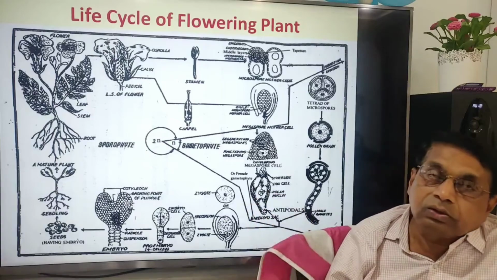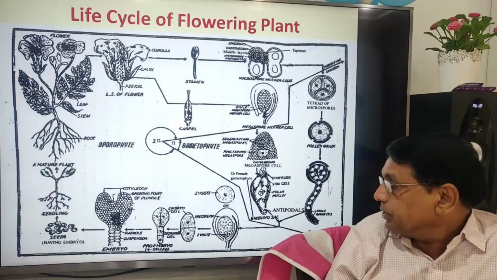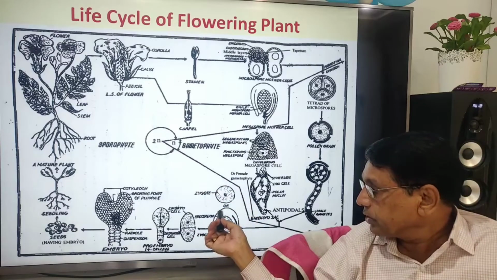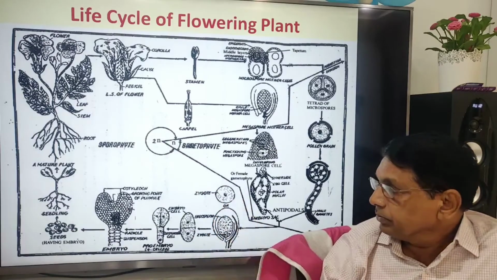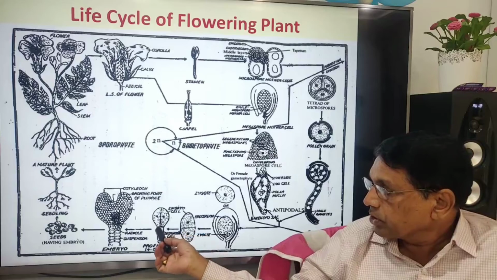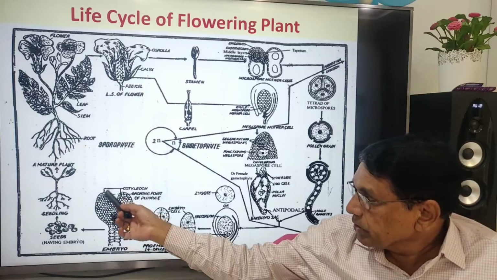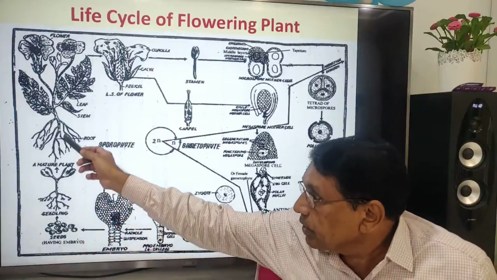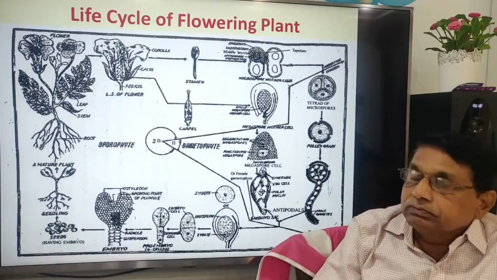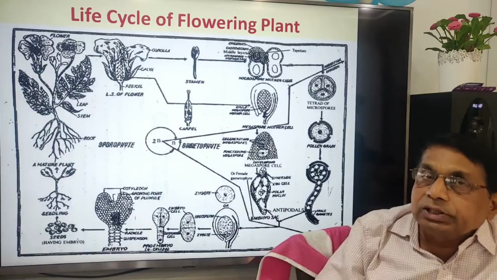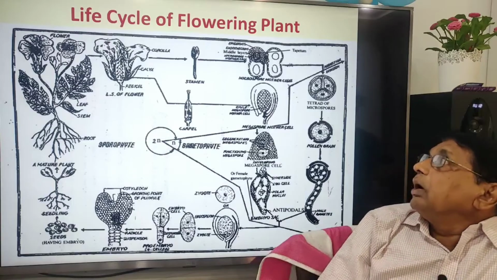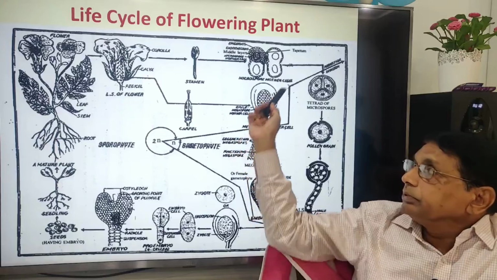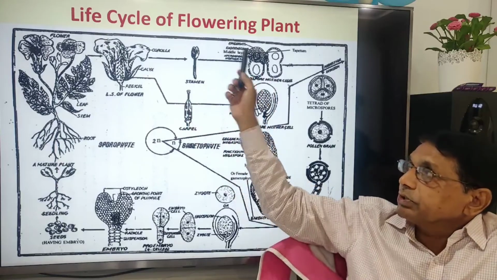Then you have the embryo sac structure. Then here you can see the fertilization process, zygote, embryo formation, embryogenesis. This is 2 cotyledons, seeds germinate, give rise to plants. So the importance here is that up to here it is diploid structures.